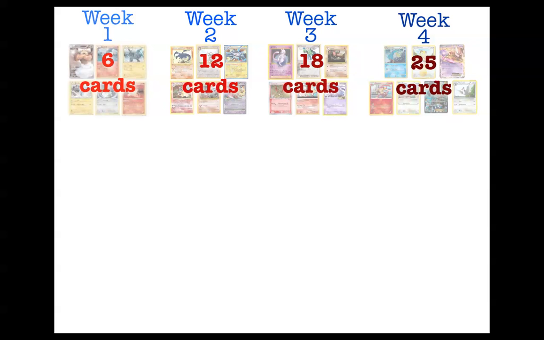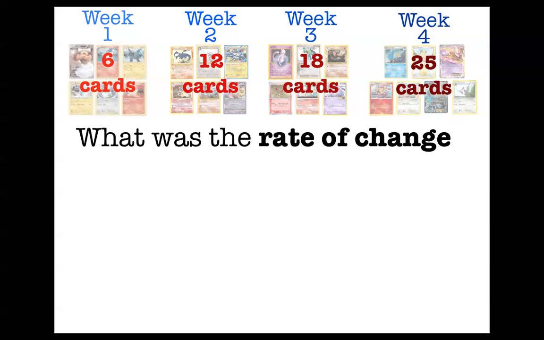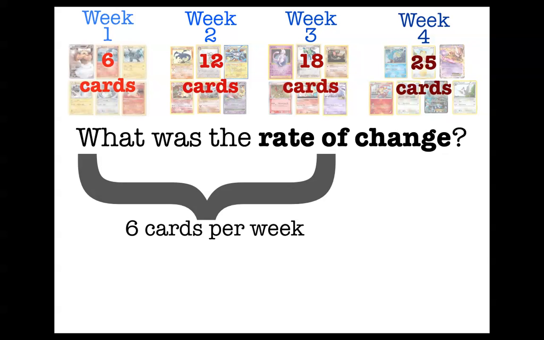Okay, are these rates? Yeah, because I'm comparing time with number of cards. But what was the rate of change in this scenario? Well, hopefully you can see that for the first 3 weeks, the rate of change was 6 cards per week, because I got 6 cards in the first week, and I had 12 cards by the second week, and 18 cards by the third week.